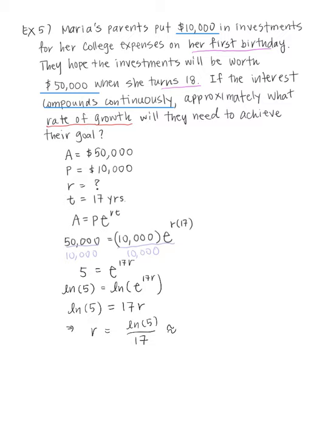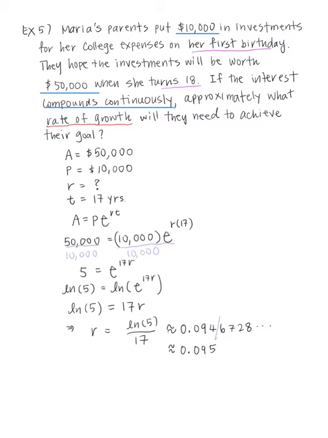This value, I got 0.094678, and so on. Where should I round off? Maybe to 3 decimal places. So I'm going to round it off at 3 decimal places. Then our r is 0.095.